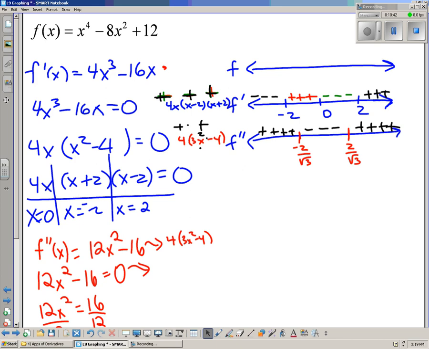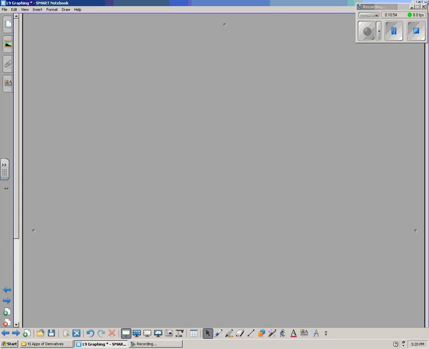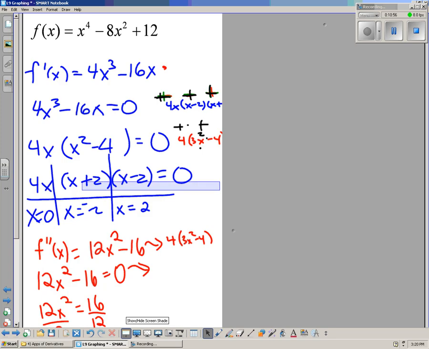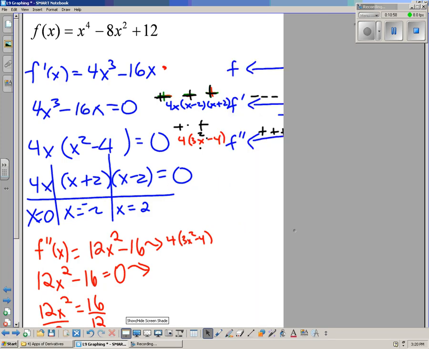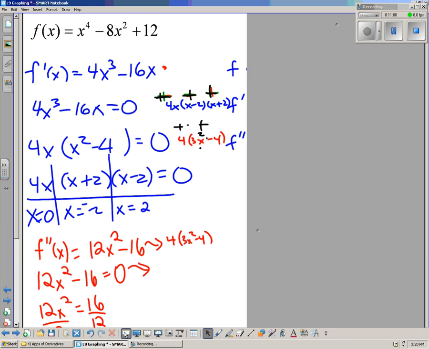Okay. Now, f prime tells us whether the function is increasing or decreasing. F double prime tells us whether the function is concave up or down. So what we're going to do is, I want to cover this up, and you can do this with a piece of paper.